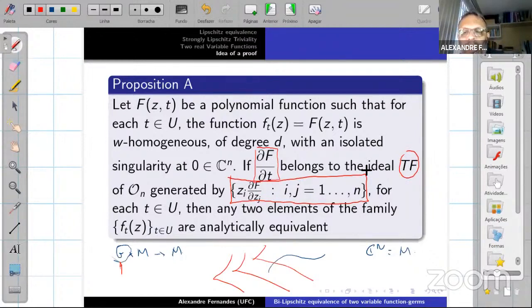And this is enough for fixed t. If you are not in the weighted homogeneous case, this is not enough to show that all the elements are in the same orbit. But as we show, when we are in the weighted homogeneous case, the dimension of the orbits does not depend on the germ.